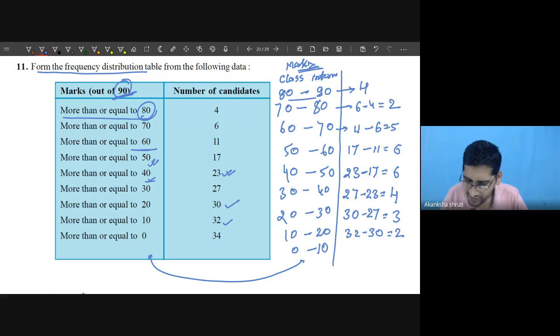This much. And next one is our 10 to 20, more than 10. It is our 34 minus 32. This is also 2.